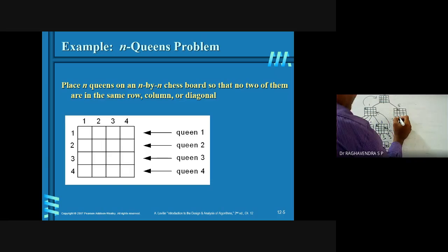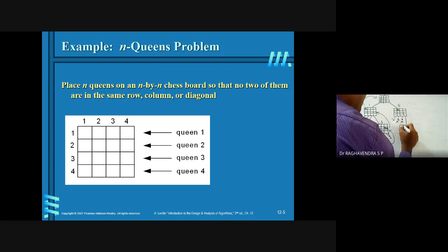What about the second position? Second position is also not possible because of a column-wise clash. What about the third position? Once again there is a diagonal clash, so the third position is also not possible. The fourth position I can definitely insert, because there is no clash here.